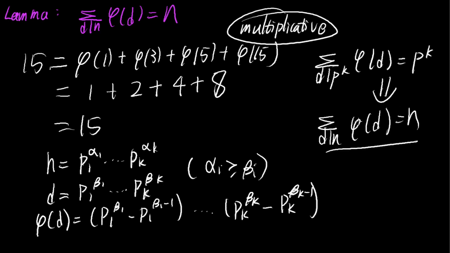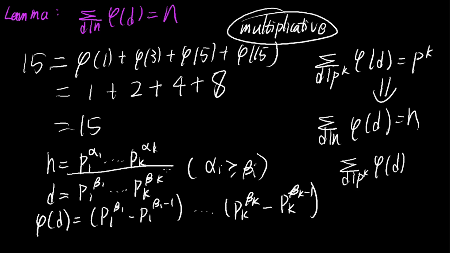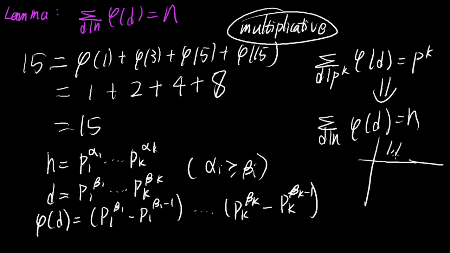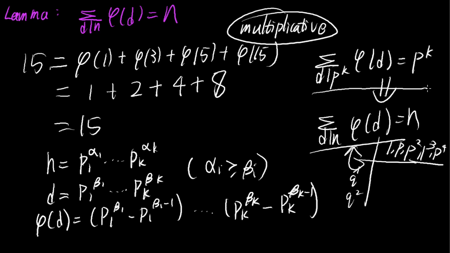But why is that true? If n is a product of many primes, we can multiply them together, like the multiplication table, as we've talked about. This is essentially the same idea. That's how we can simplify this problem to only consider pk.